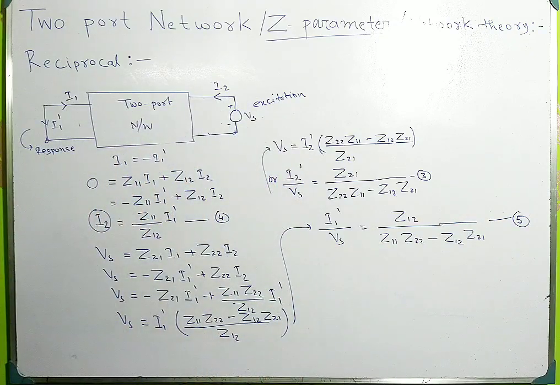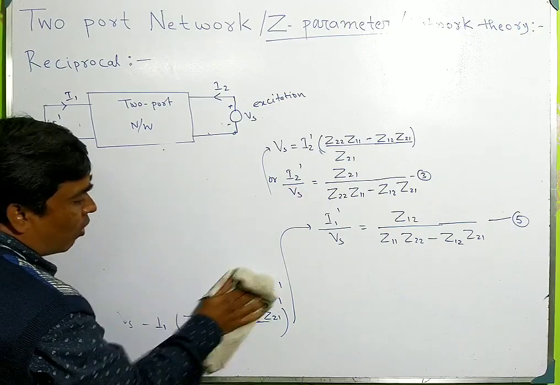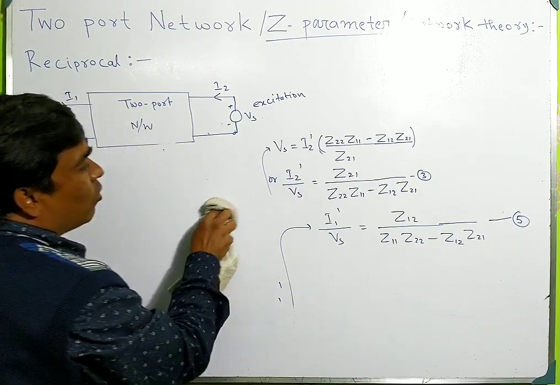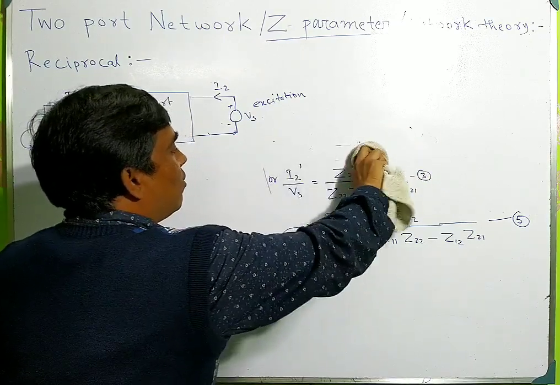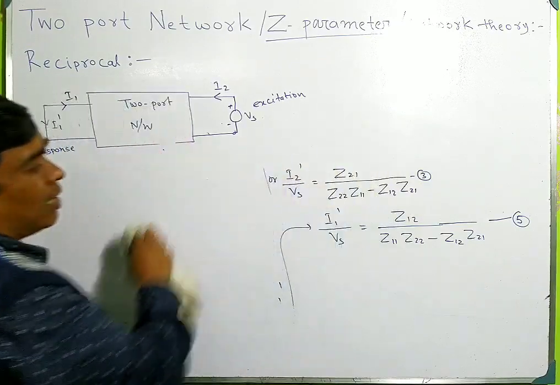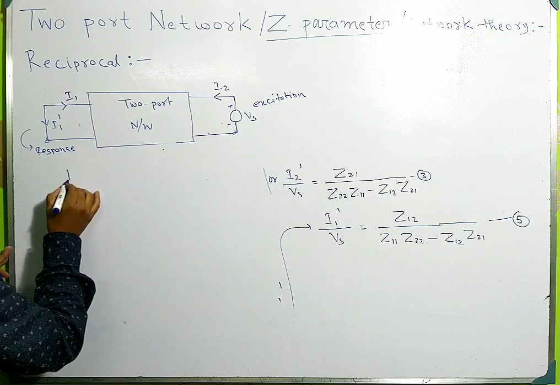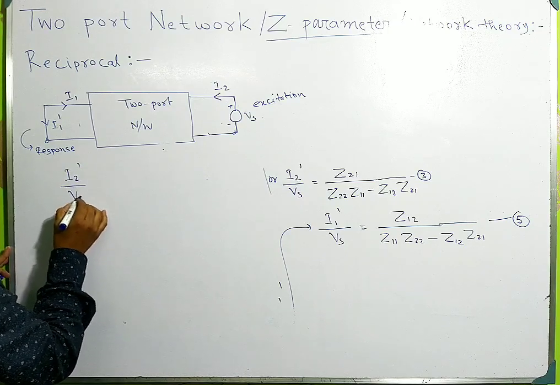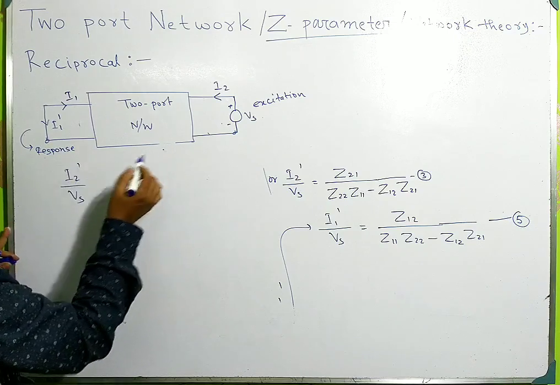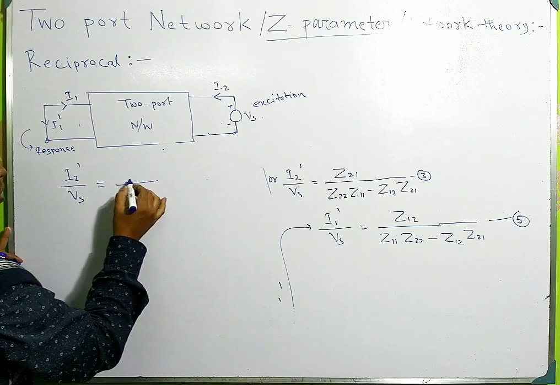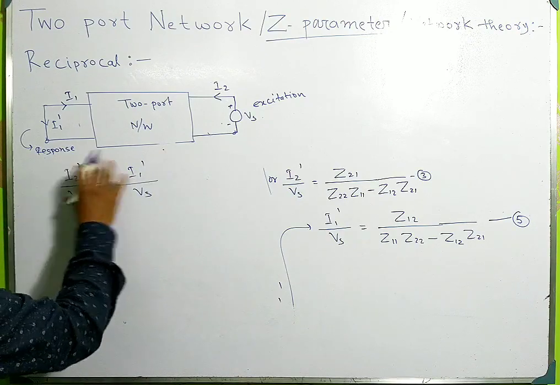Now we will apply the condition of reciprocity. A network is said to be reciprocal if the ratio of response to excitation is equal in both cases.